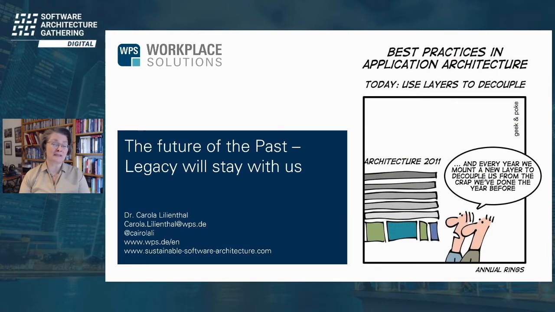But the most fantastic thing about this joke is the line underneath that says annual rings. You probably know that the trees, of course, a very simple word, but anyway, the trees have annual rings. And if they have huge annual rings, we are very happy, because this means that the tree has had enough water and was growing and growing over years in a very good environment.